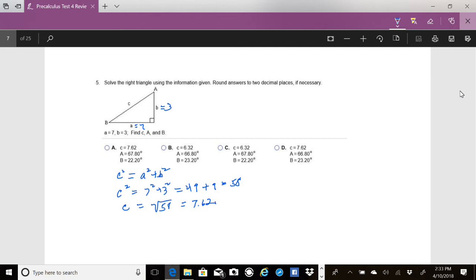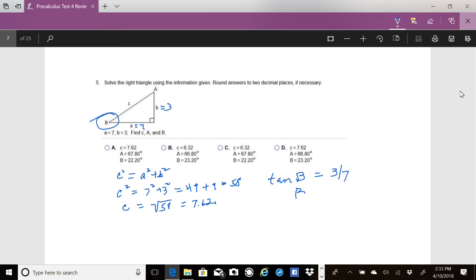Notice now, there are several ways to figure out what the angle is. Let's look at the tangent of B is equal to 3/7.